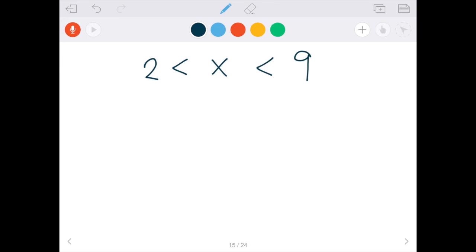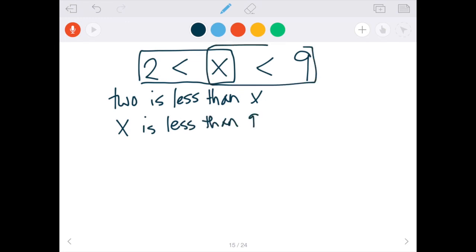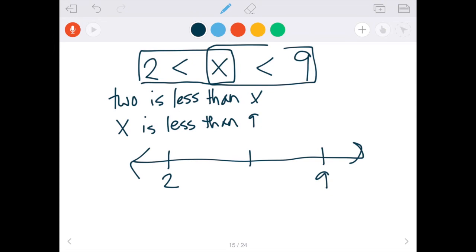All right, this is a pretty easy one that uses whole numbers, but we have here 2 is less than x right here, and then we have another inequality, x is less than 9. So what they're telling you is that the number that x could be has to be in between 2 and 9.